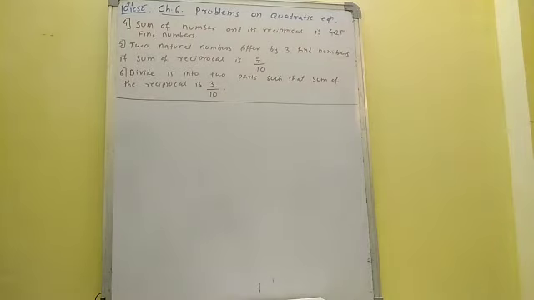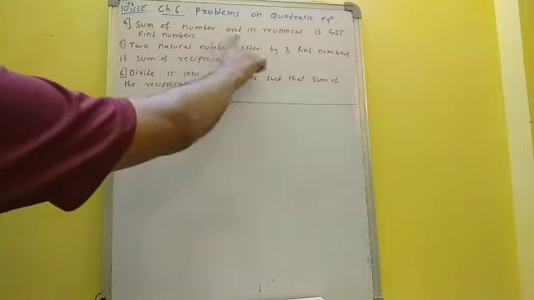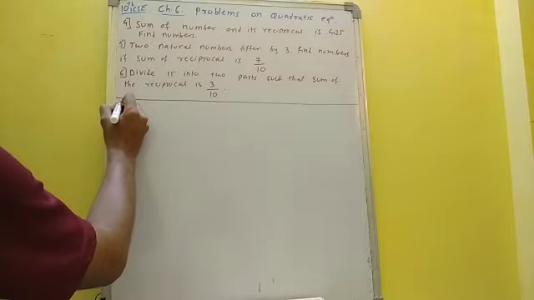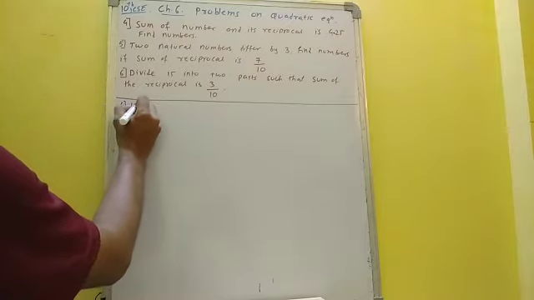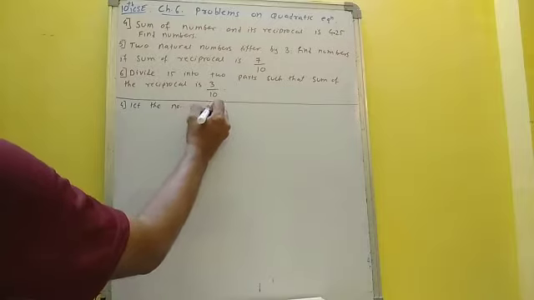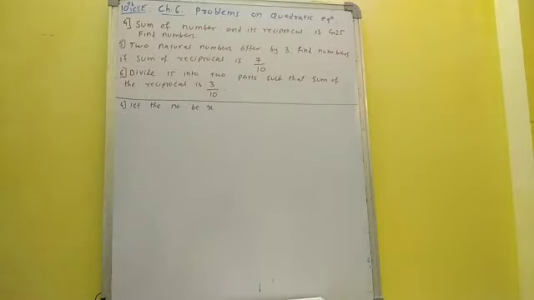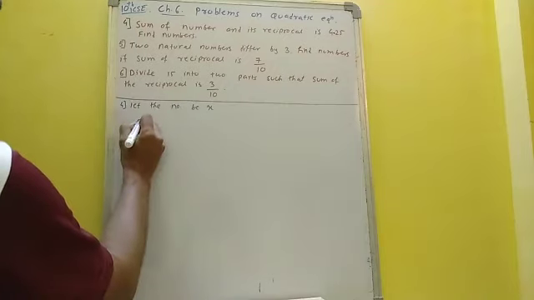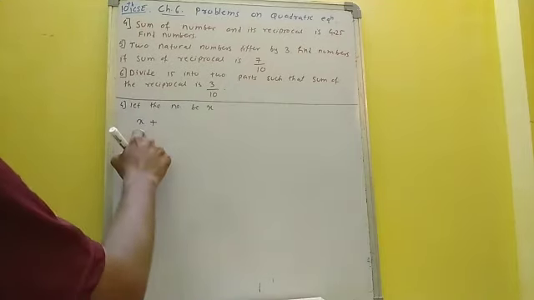Okay, in the fourth question, it is given that sum of a number and its reciprocal is 4.25. So we will take, let the number be x. Therefore, sum of a number means x plus, what is the reciprocal of x?